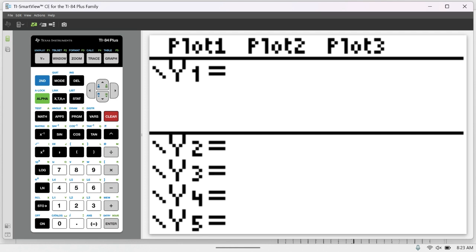Now, we're going to type in the function that they gave us. Now to input a variable in your calculator, do you guys see this green alpha key? You're going to click the key to the right of that. So you see where it says like X,T and then some other stuff? Click that. It'll input an x.